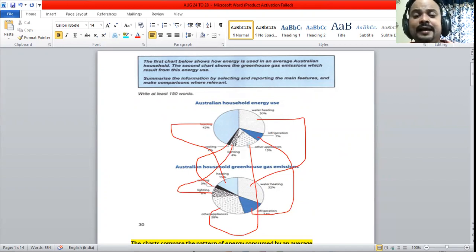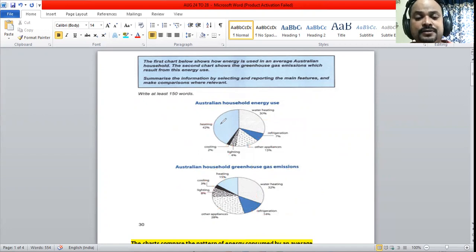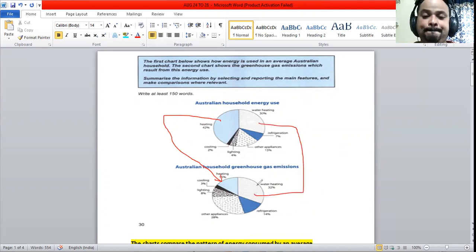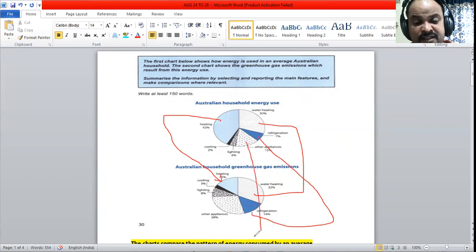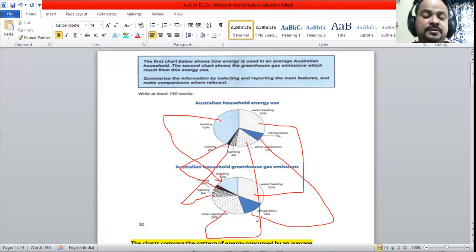The first thing is that this around 42% goes to 15%. It is less than half. It is almost the same. But when it goes to refrigeration, it doubles. Other appliances, it doubles. Lighting, it doubles. Cooling, it almost doubles. So this 28% grows to 53%.